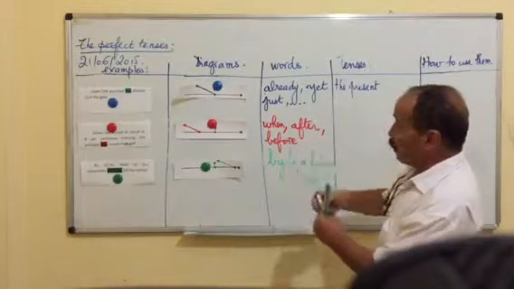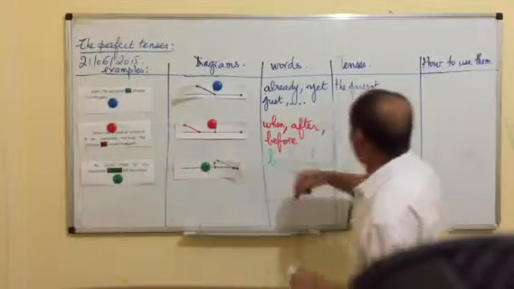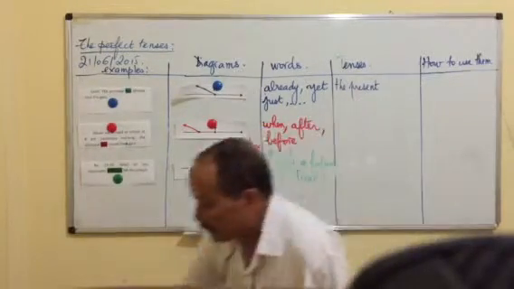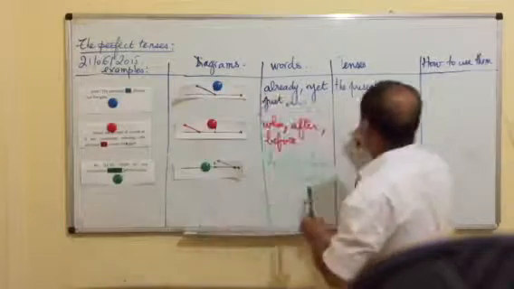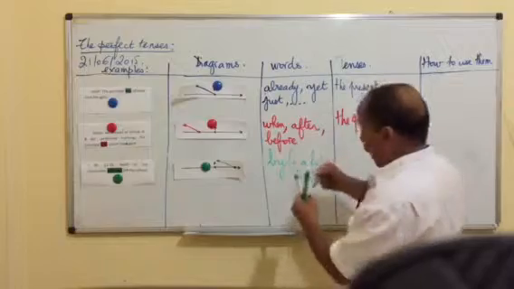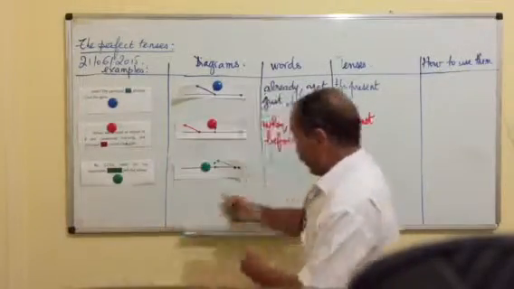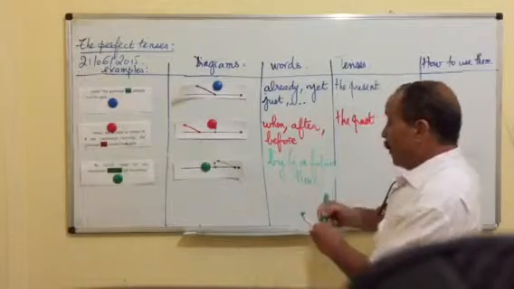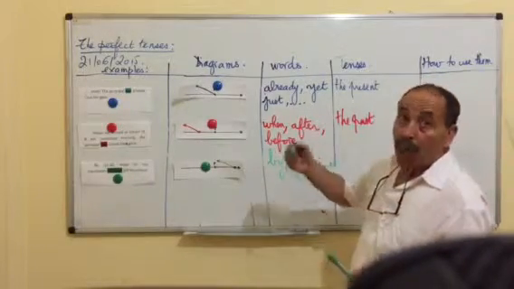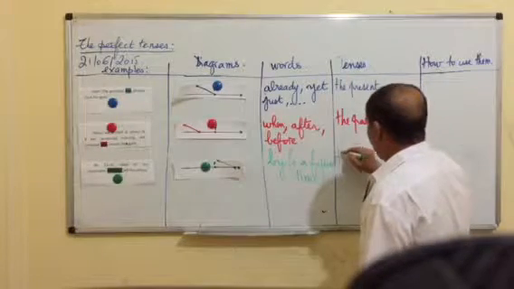This one expresses a tense before the past. And finally, the last one expresses an action which will have happened before a future time, the future.